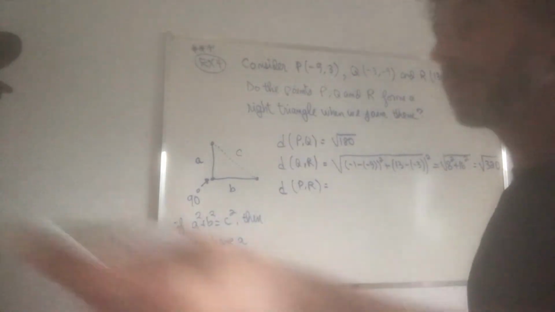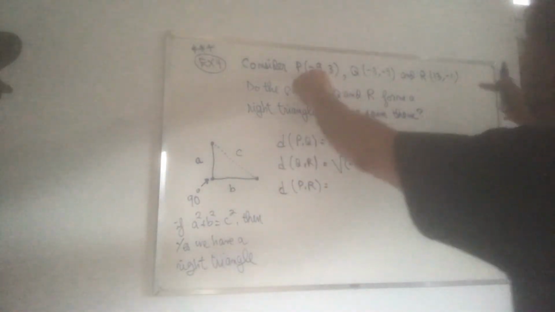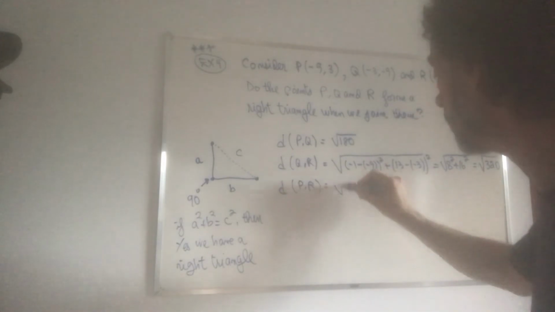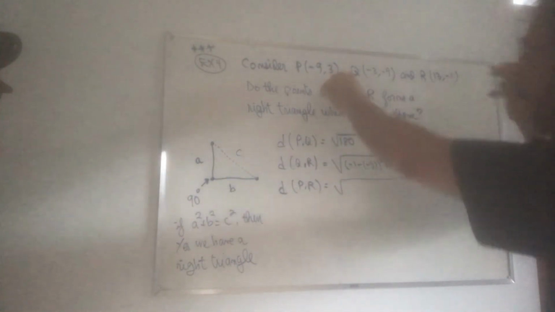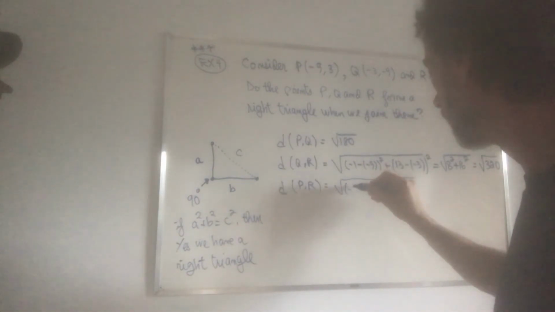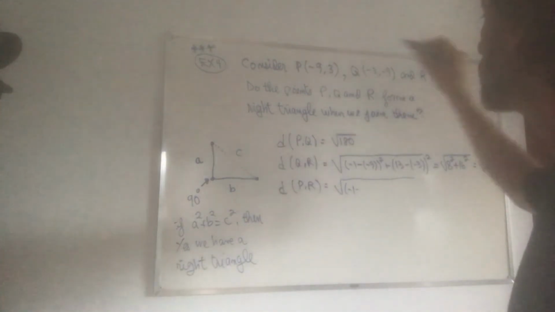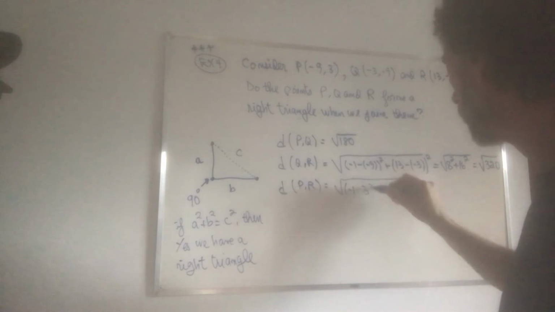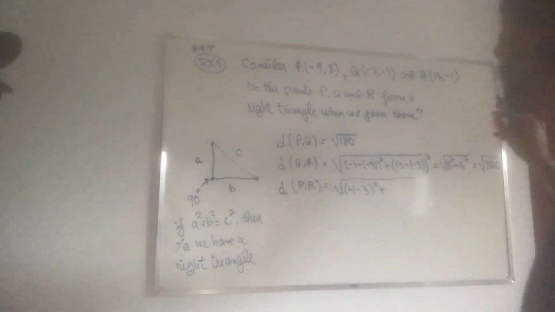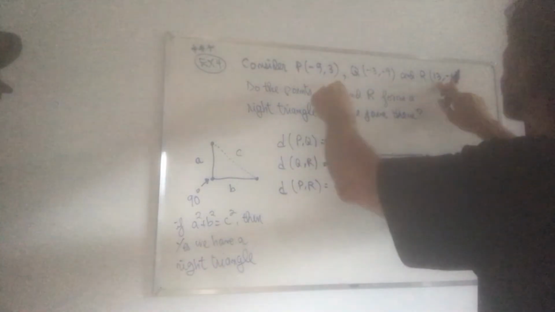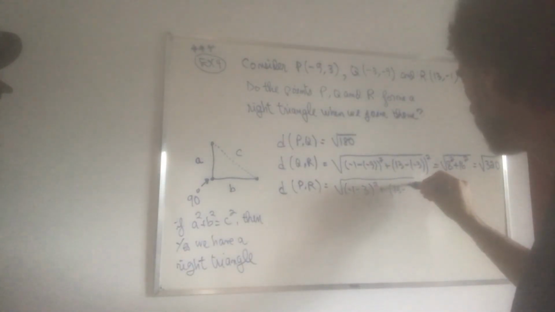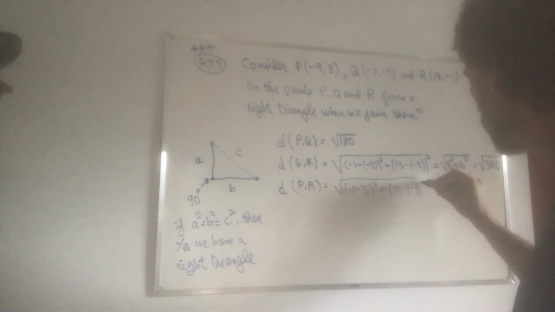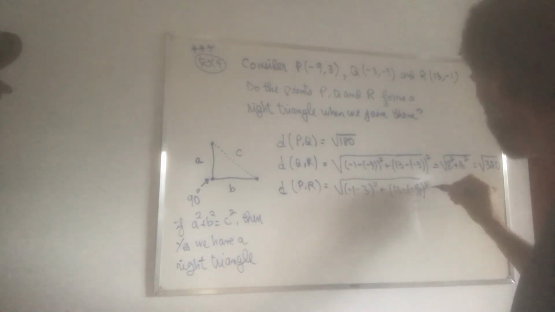Right. And PR. PR is the first and the last. So difference of the y's, difference of the x's. PR, so minus 1, minus 3. Minus 1, minus 3 squared. Plus, what do we got here? 13 minus 9. That's going to be a big number. 13 minus 9, all squared.